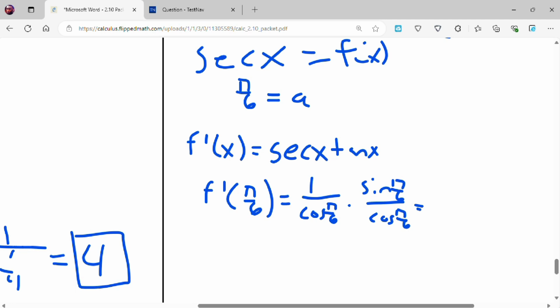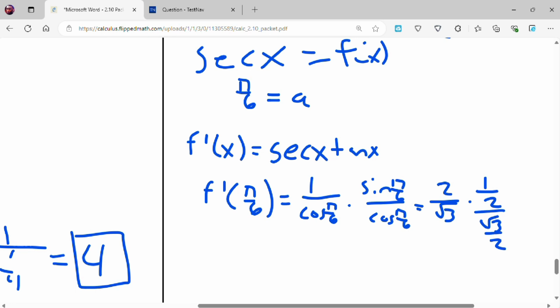1 over cosine pi over 6. Cosine pi over 6 is square root of 3 over 2. So 1 over square root of 3 over 2 is 2 over square root of 3, times sine pi over 6, so times 1/2, over square root of 3 over 2.